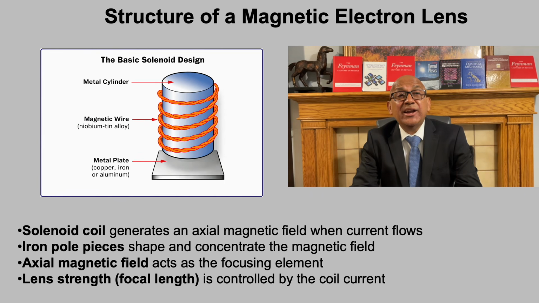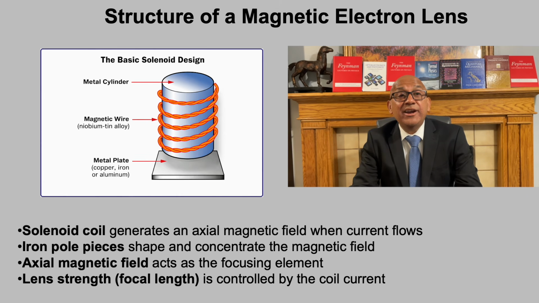A practical magnetic electron lens is built around a solenoid coil surrounded by carefully shaped iron pole pieces. When current flows through the coil, it produces a strong axial magnetic field concentrated in the narrow gap between the pole pieces. The role of the pole pieces is critical.